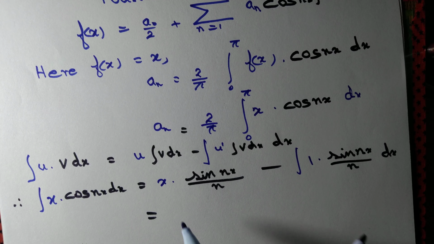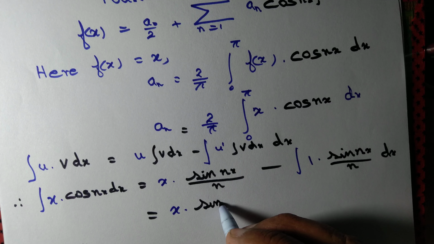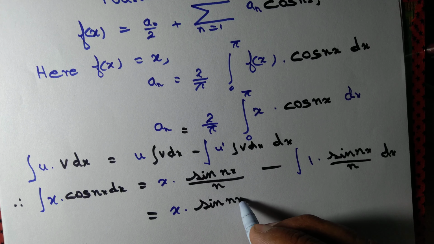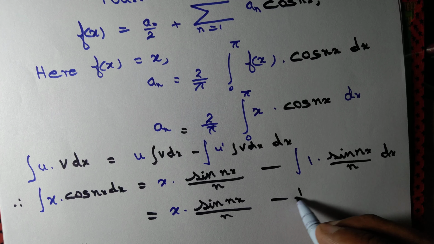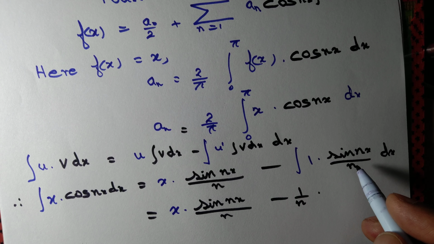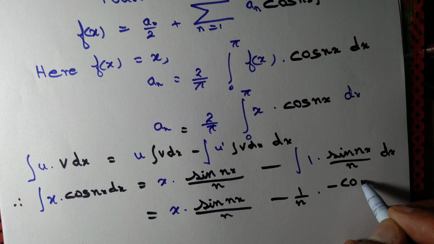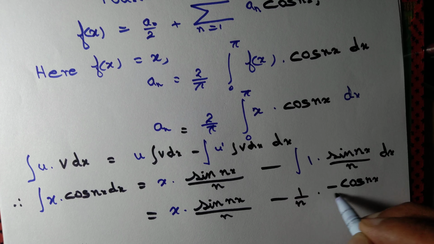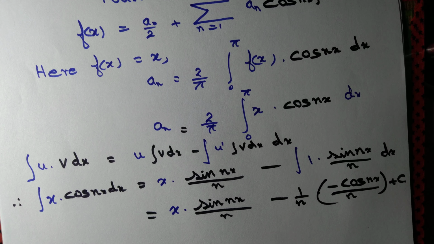That's equal to x into sin nx by n, minus 1 by n, that's constant, the integral of sin nx is minus cos nx by n, of course with some constant of integration.